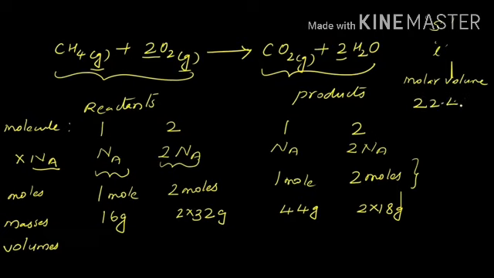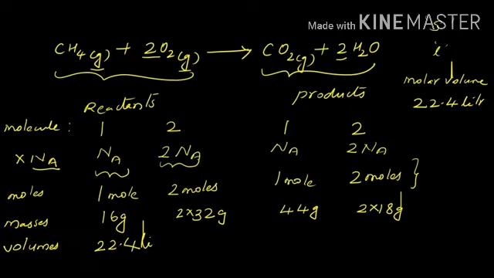It's constant. So 1 mole of any gas occupies a volume of 22.4 liters, provided that all the conditions are at STP. The temperature, pressure, everything should be at the standard condition. Then we call it the molar volume.